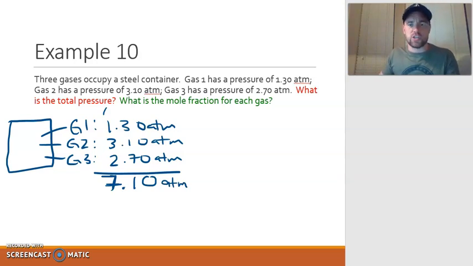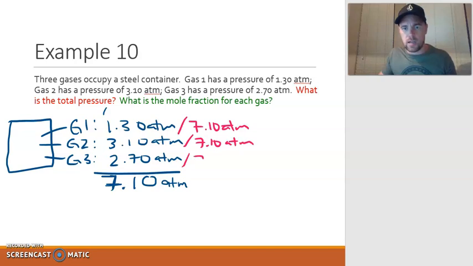The second question is asking us, what is the mole fraction for each gas? Like I said before, how are we supposed to figure out mole fraction? We don't have moles, but we do have the partial pressure and the total. So we could divide all 3 of these numbers by the total pressure, 7.10 atm.